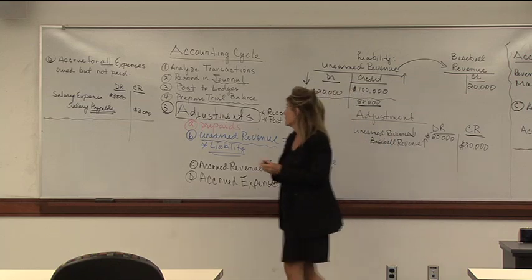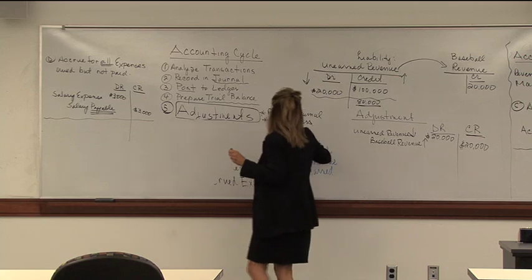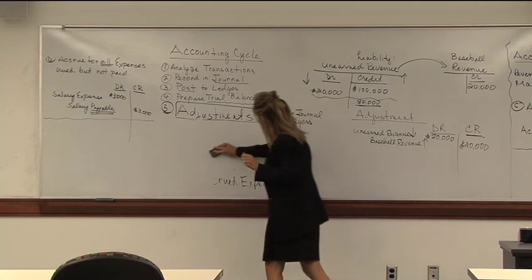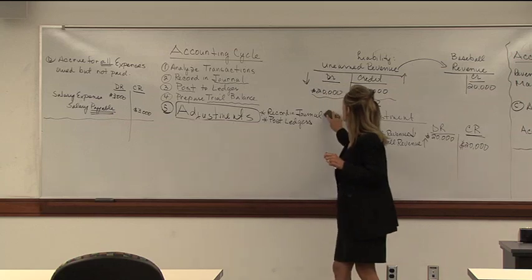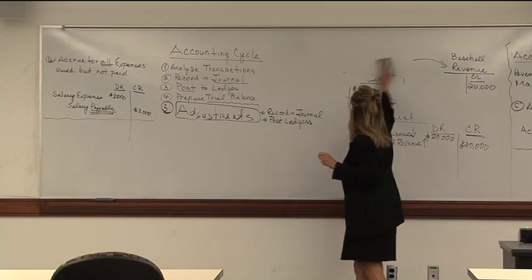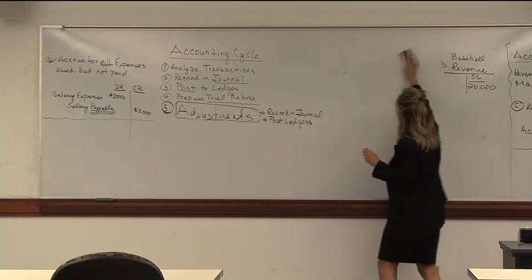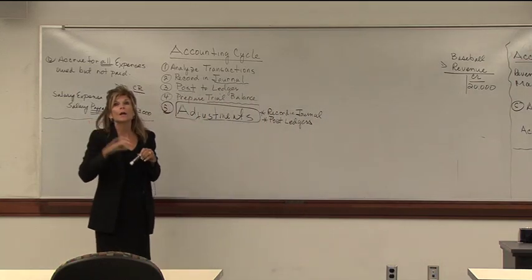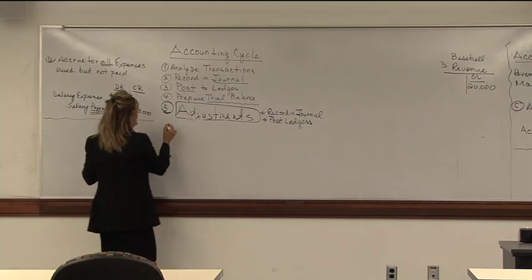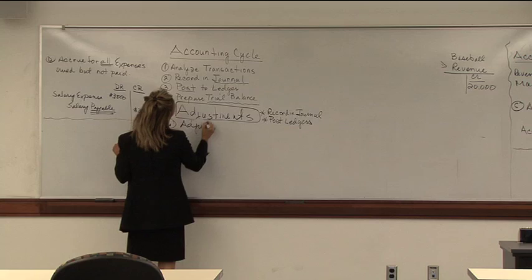All right. Once we're done with the adjustment phase and we have adjusted or tweaked all of our accounts, we've recorded the adjustments in the journal, we've updated all of the appropriate ledger accounts, we then prepare once again another trial balance. And that's called an adjusted trial balance.